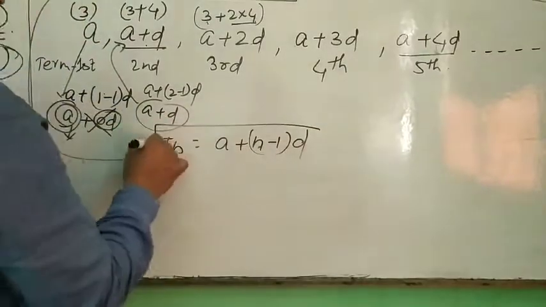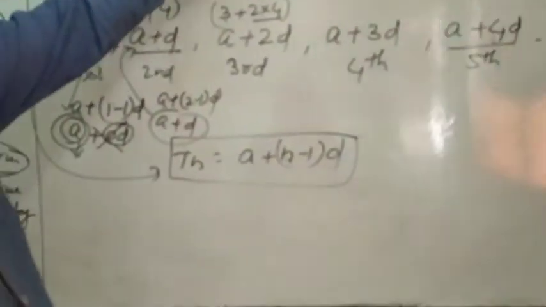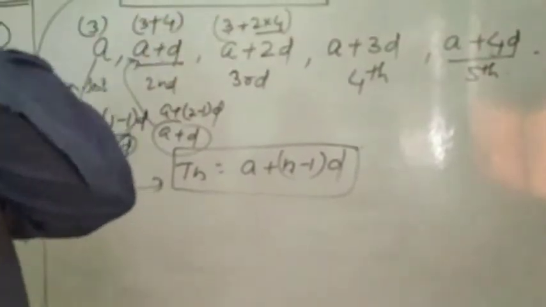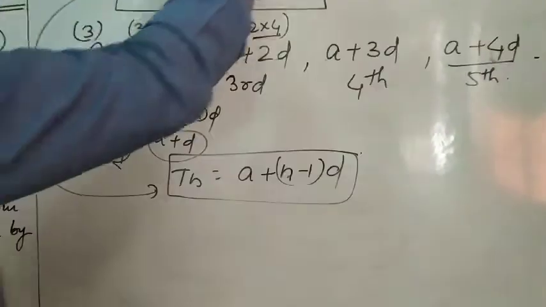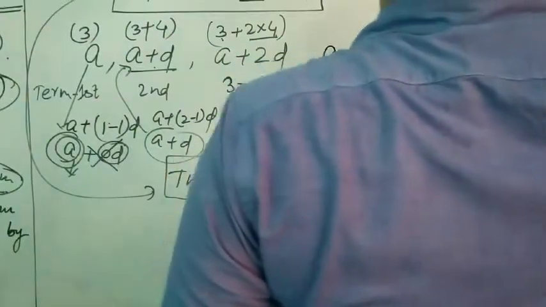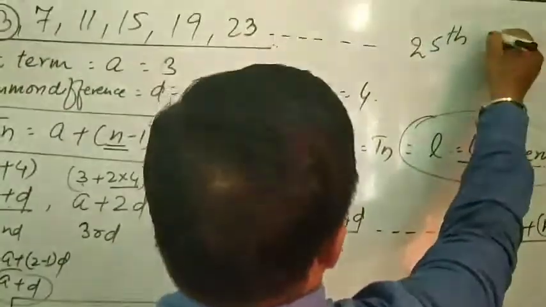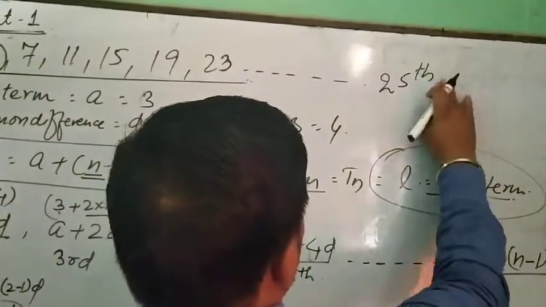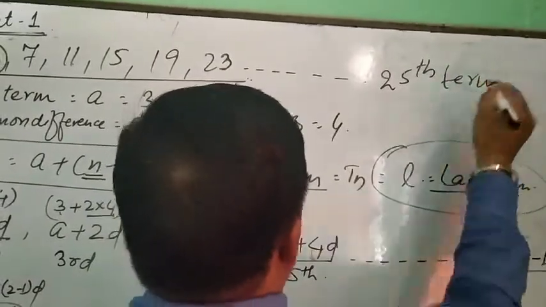This is your formula. Using this formula, in this question you have to find the 25th term.